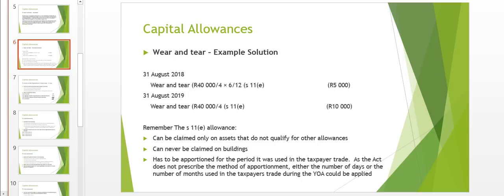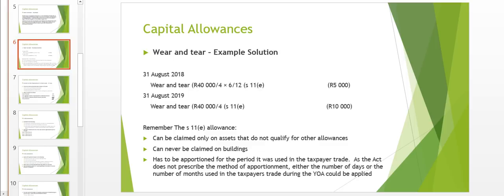So if this asset qualifies for a different allowance, then you may not claim this wear and tear allowance. That's more your manufacturing assets. Those qualify for a Section 12 allowance. So therefore, you can't claim a double allowance on that.